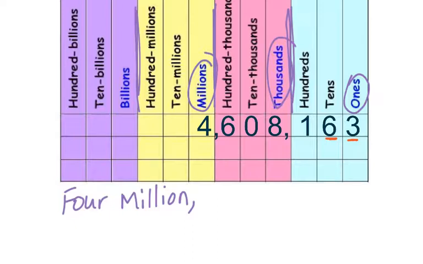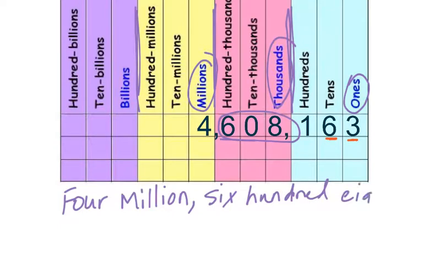Okay, now the next thing I see is 608. So I'm going to simply say the next thing in the thousands period, and then I will say the last name of thousands. So I will say 608,000. Comma.